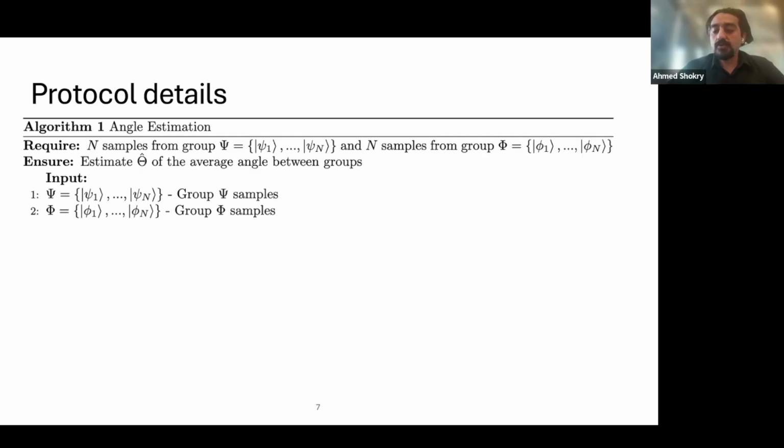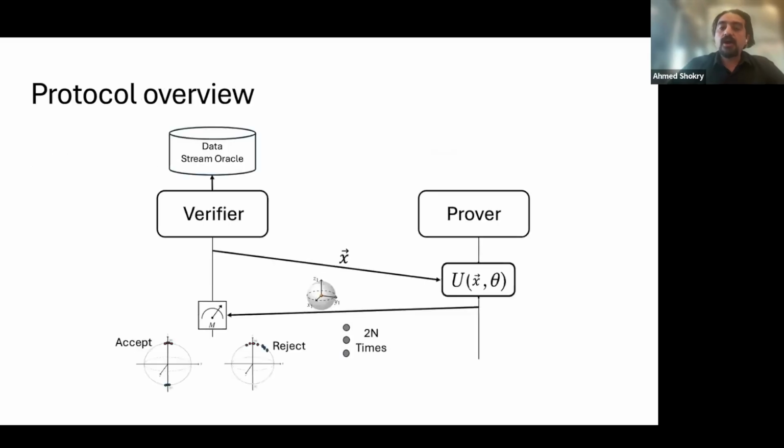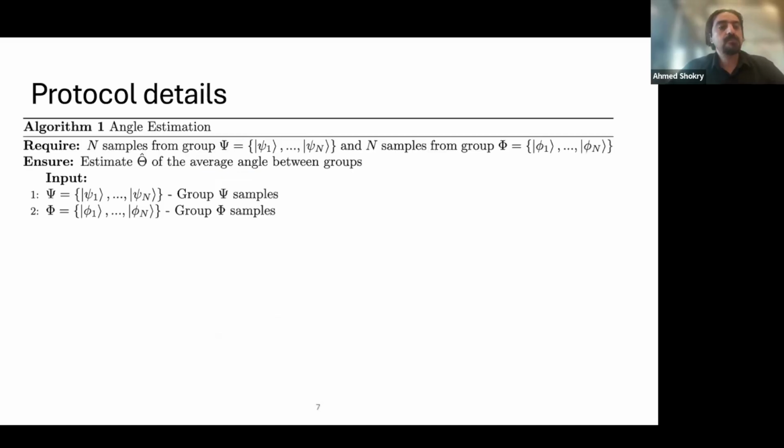It is important to note that once the verifier sends the classical data points to the prover, the verifier hides the group label from the prover, so that the prover does not know whether one of the 2n samples belongs to the blue or the red group.